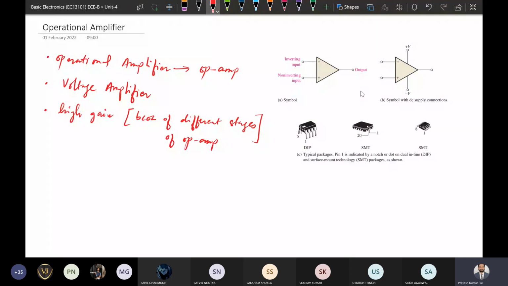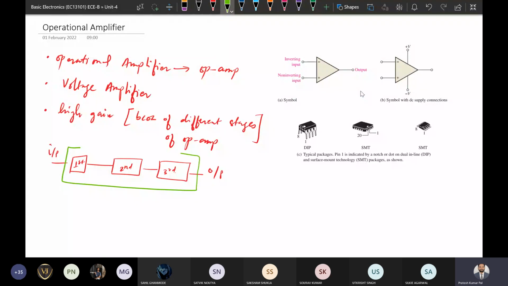Once one stage is there, it is cascaded with another stage and then another stage: first stage, second stage and third stage. There is an input, and finally we get the output. Combining all the stages, this complete box is called an operational amplifier. Because of the different stages, it has high gain.